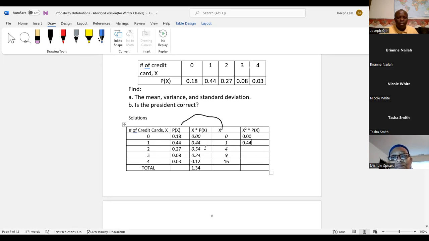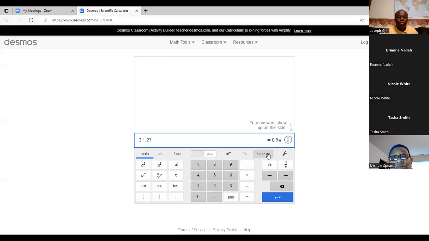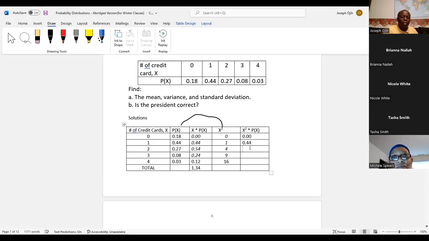Now 4 times 0.27 is 1.08. So we put 1.08 there. Following the same method, I'll put the rest of them: 1.08, 0.72.